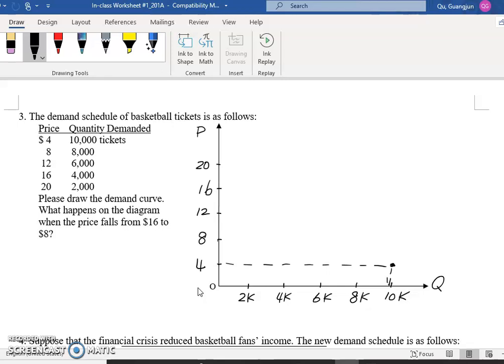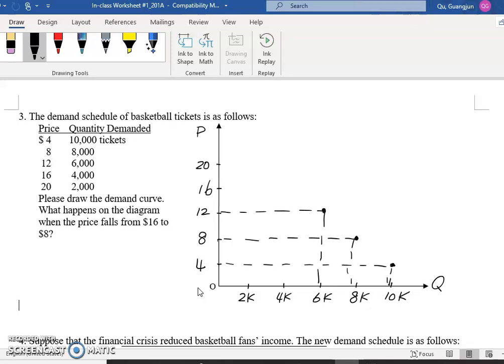Now, when the price increases from 4 to 8, we find that the quantity becomes 8,000 tickets. It's going to be right here. When the price is 12, the quantity is 6,000. It's right here.